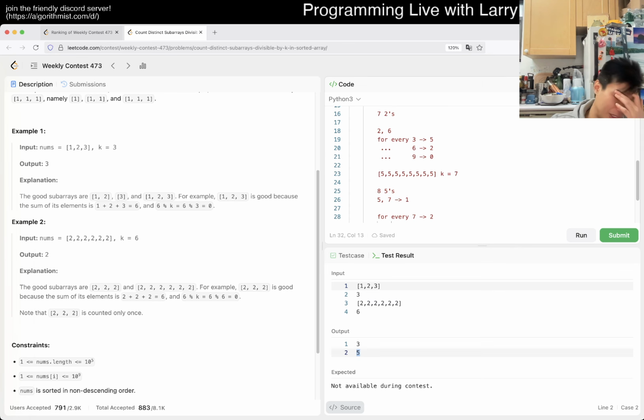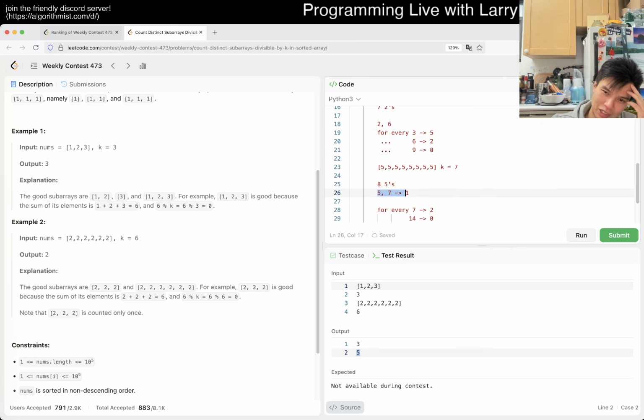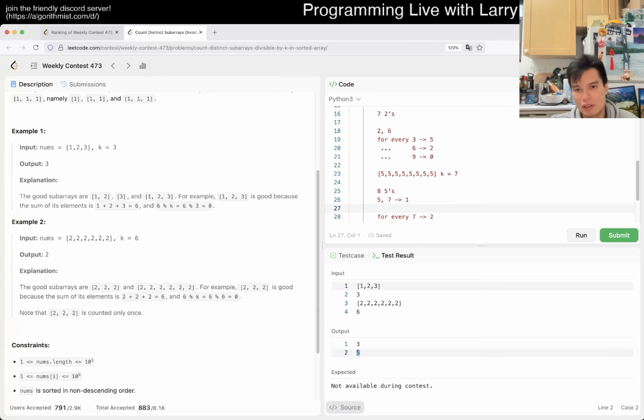Also, something is weird because this GCD is 3. That's why we did 3. This GCD is 1, which means that I guess you get the LCM from this. So the LCM is 6. Then you have 3, and the LCM is 35. So that's why this is 7. Okay.